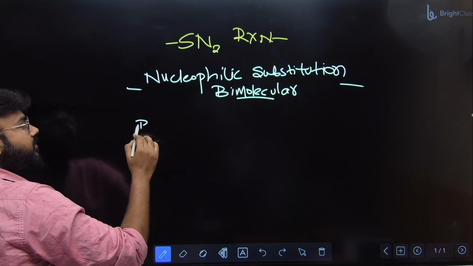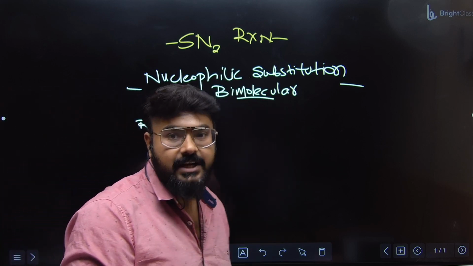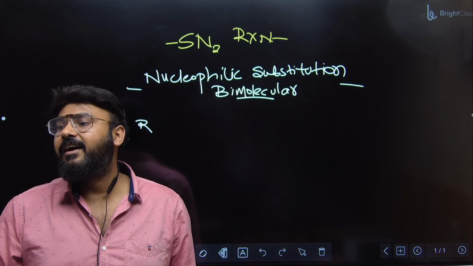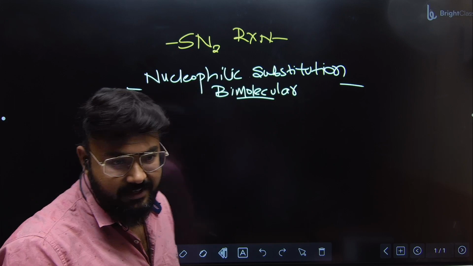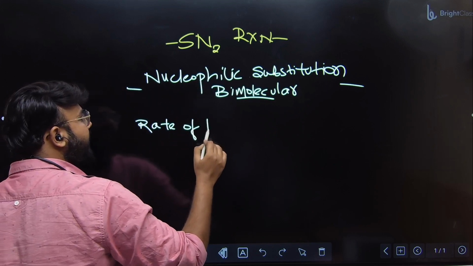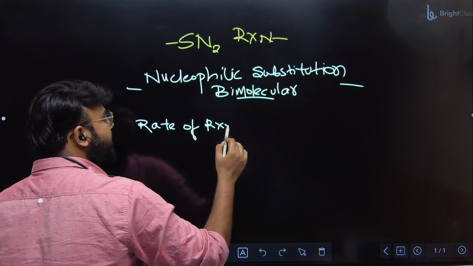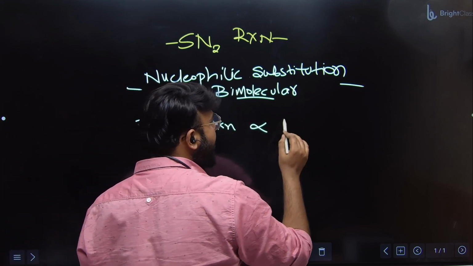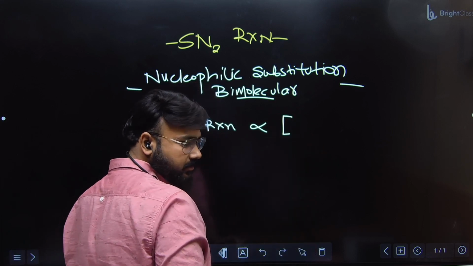Because in SN1 we discussed the rate of reaction was only depending on the concentration of alkyl halides, haloalkanes. But in this case, the rate of reaction depends on both.